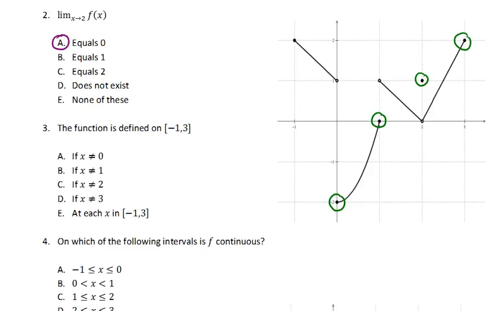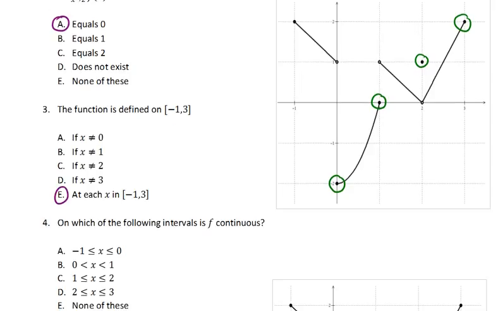So the function is defined everywhere in the closed interval from -1 to 3. There is a y value for every x value from -1 to 3 inclusive. So the proper answer to 3 is E.